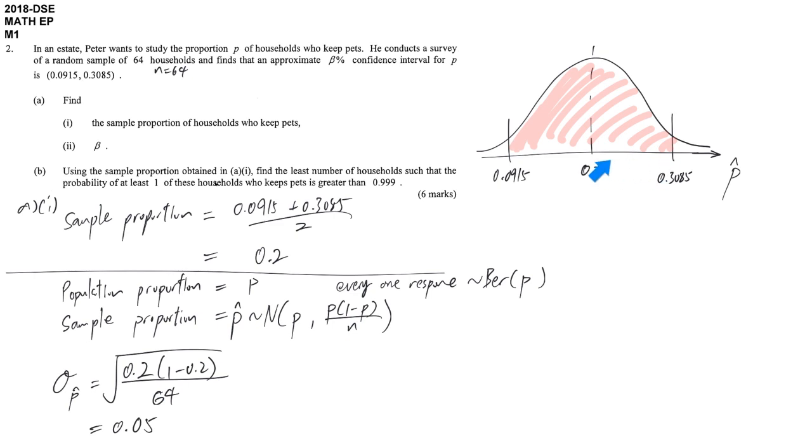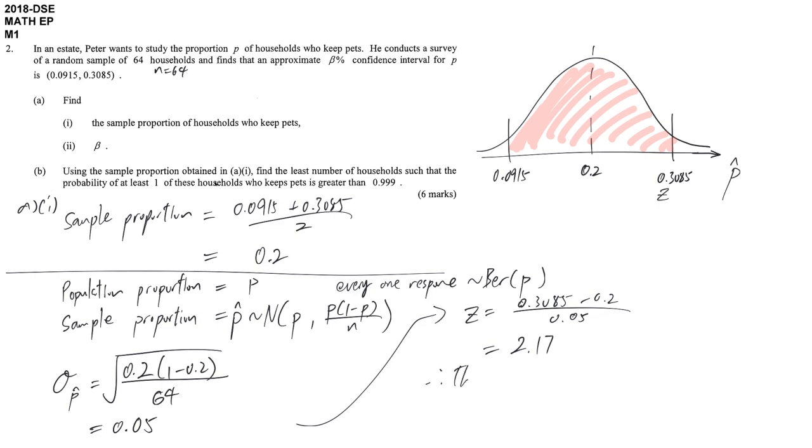So that means the difference here is how many times of 0.05? The corresponding standard score is 0.3085 minus the mean and then divided by the SD. 2.17 times, which means that this position is 2.17 SD away from our mean, and it gives us the area from the table.